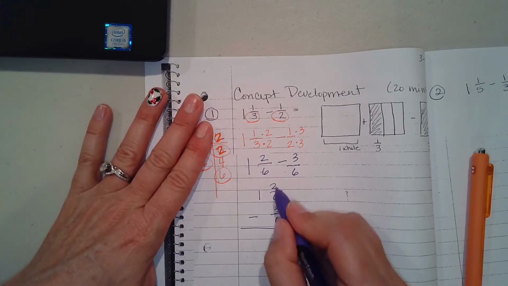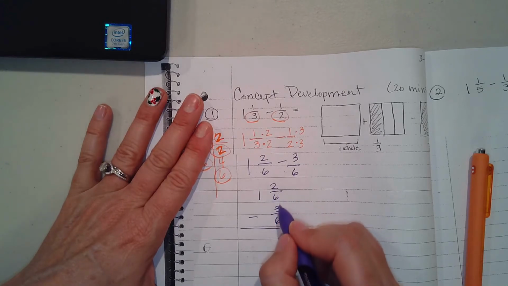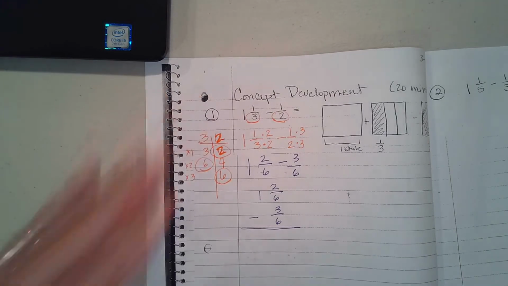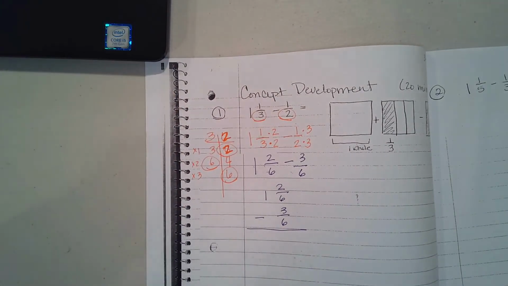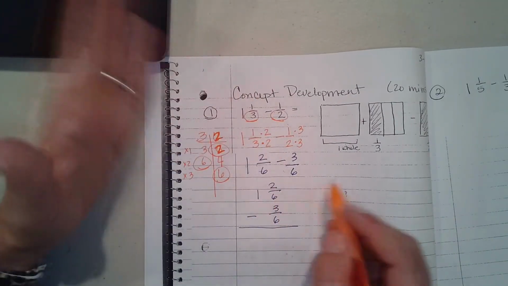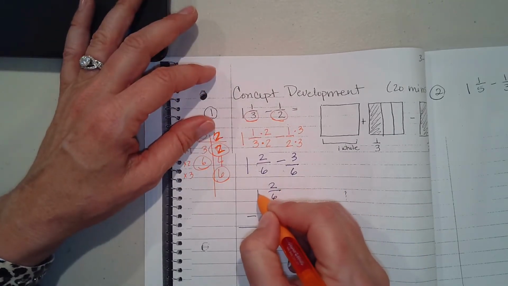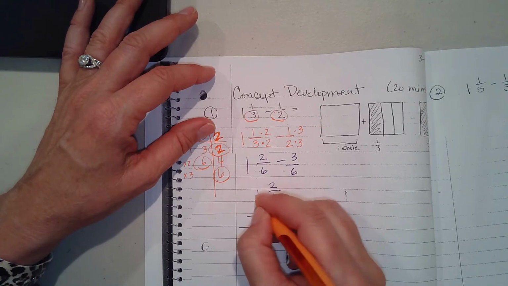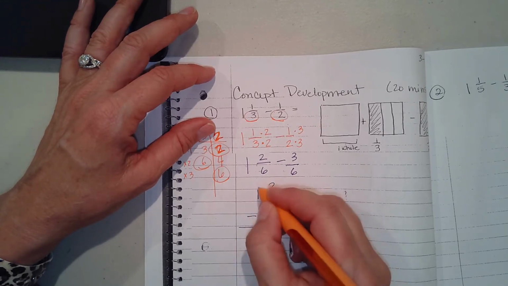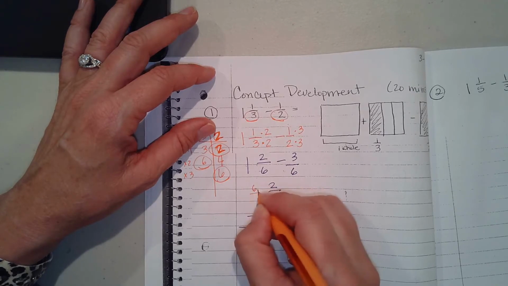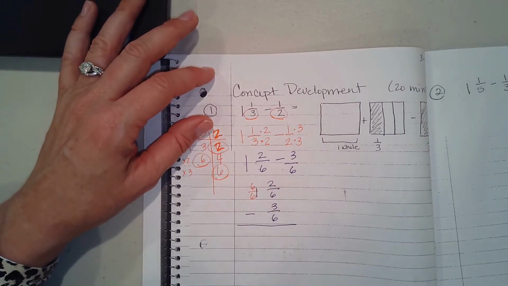You can't take 3 away from 2. So what I have to do is, if you remember what we were doing before, when we were subtracting in that sprint, I told you that I was turning the whole number into a fraction. So really, 1 is really 6 over 6, right?